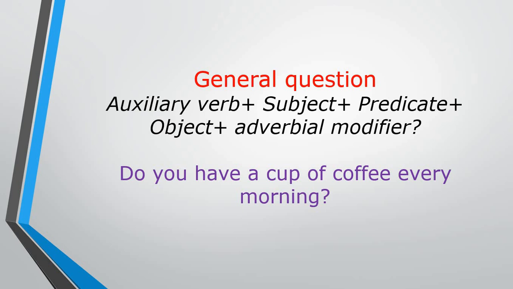For example, do you have a cup of coffee every morning? Yes, I do. No, I don't. Here is for the auxiliary verbs to be and to do.